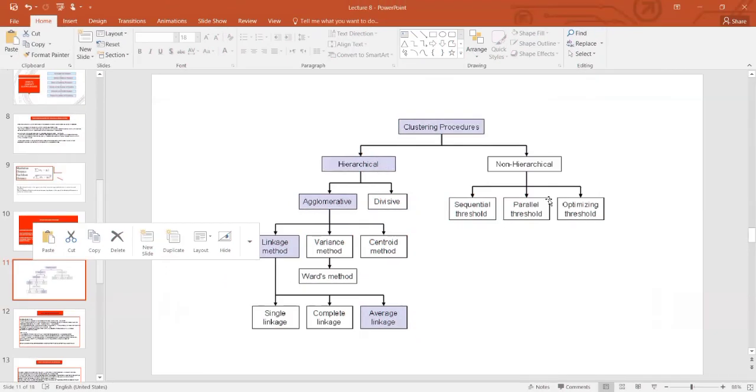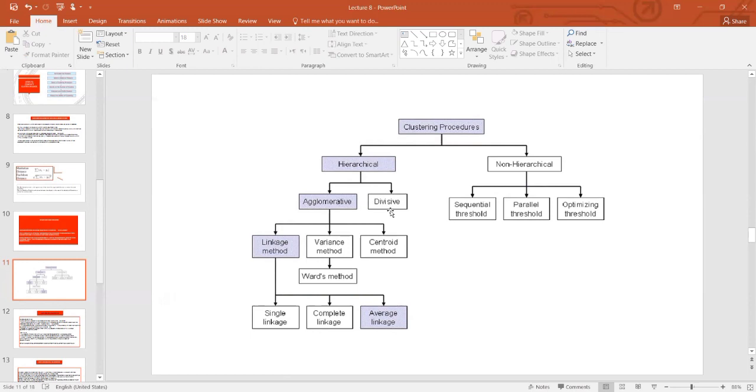Okay, clustering procedures. Hierarchical procedures. Agglomerative starts from n clusters to get one cluster. Divisive starts from one cluster to get n clusters, عكس بعضهم.